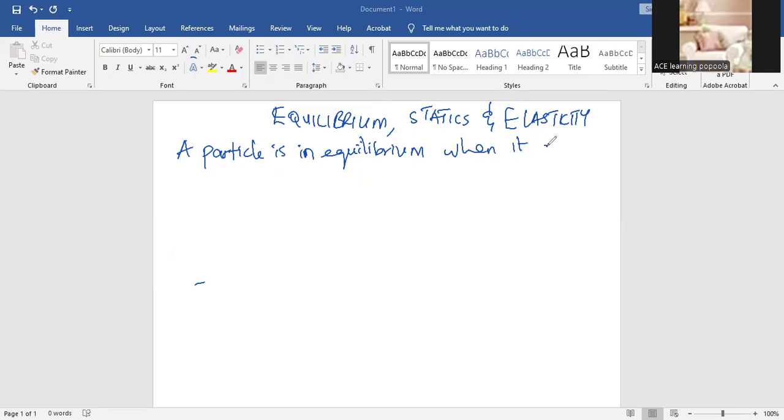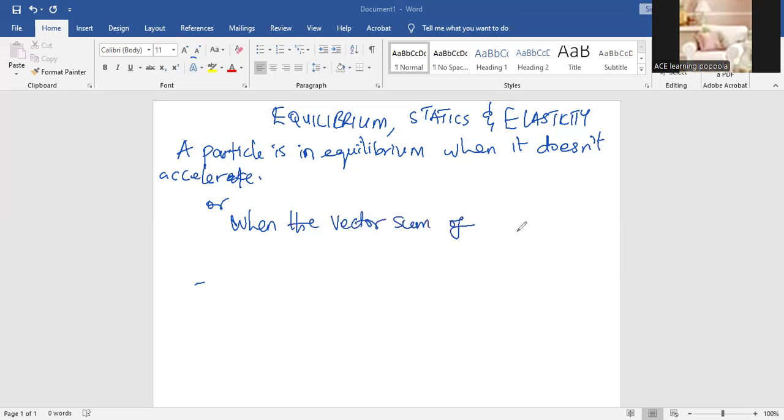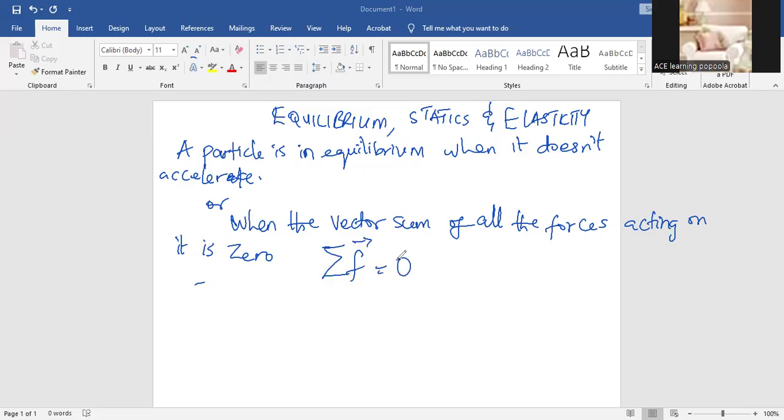Or when the vector sum of all the forces acting on it is zero, which means the sum of all the forces is zero.